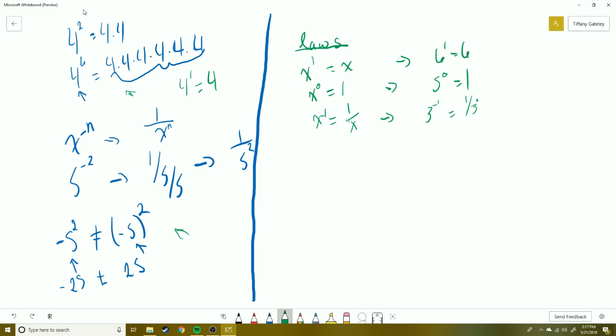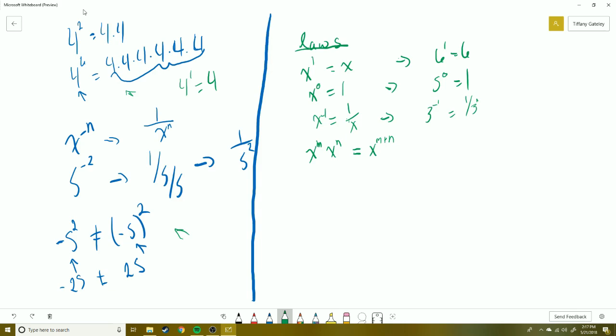Okay. And then you have a base, x to the m times x to the n, that equals x to the m plus n. This is important because your bases have to be the same for this to work.